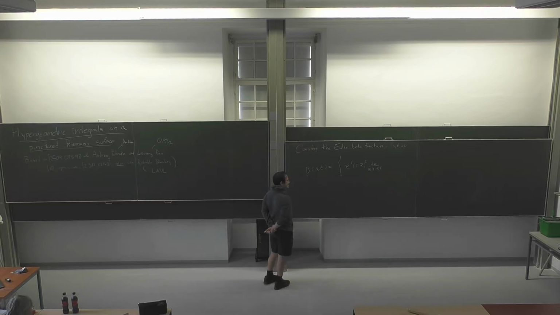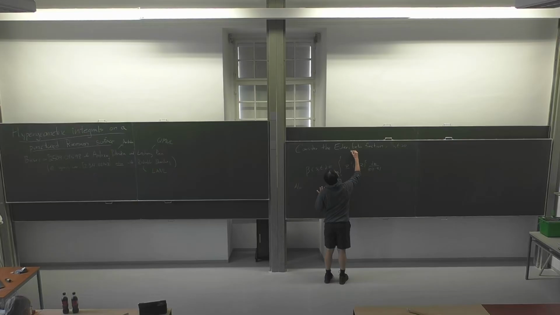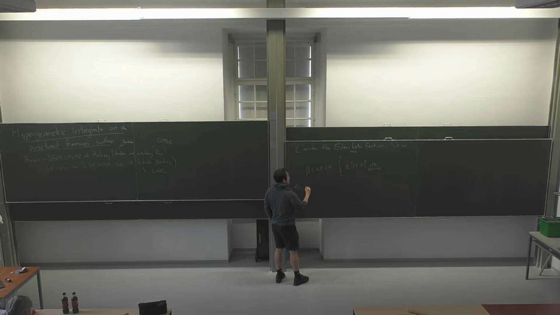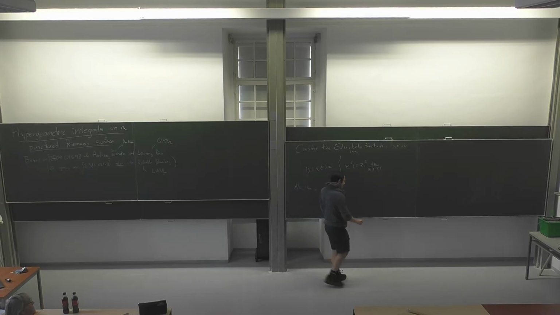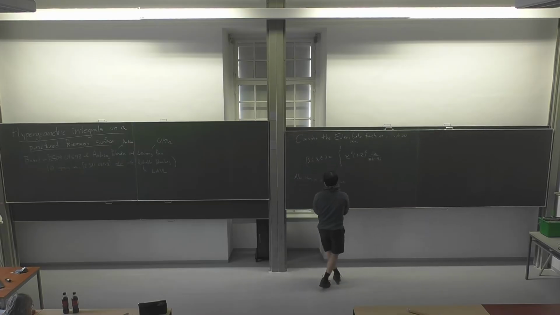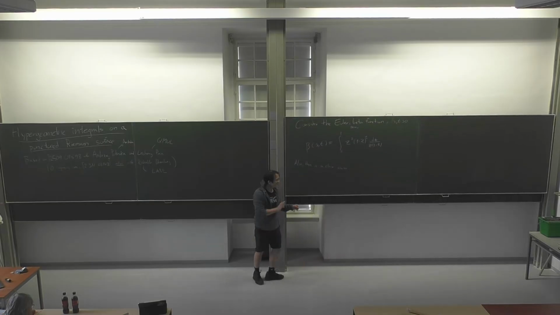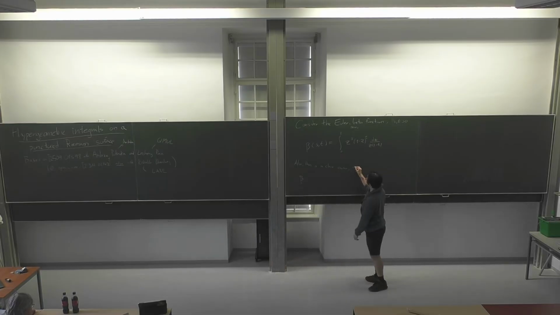It also has a close cousin. So this is Euler, 1700s. There is a close cousin. I'm going to later give some references to why this is an interesting cousin. This is the complex beta function.